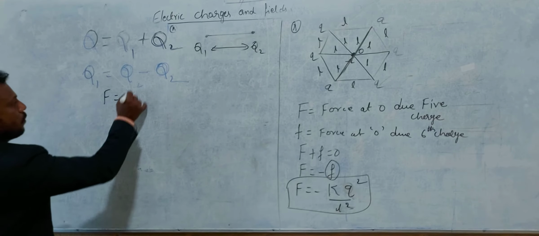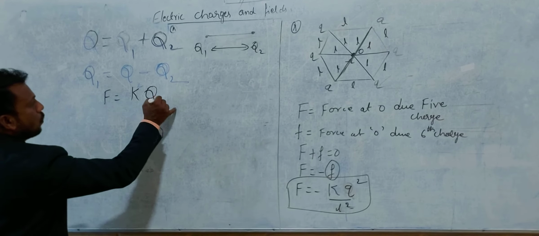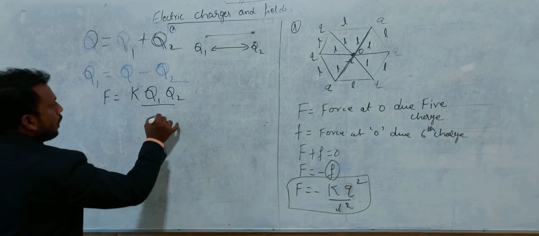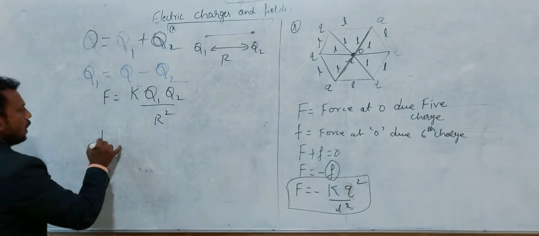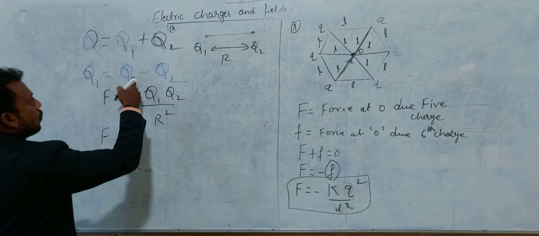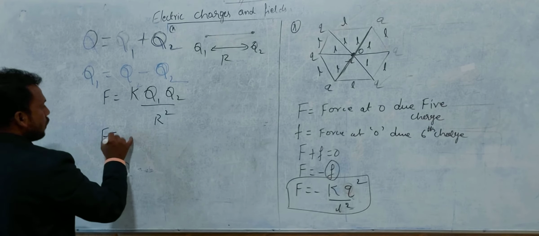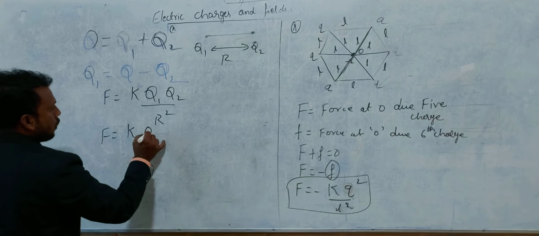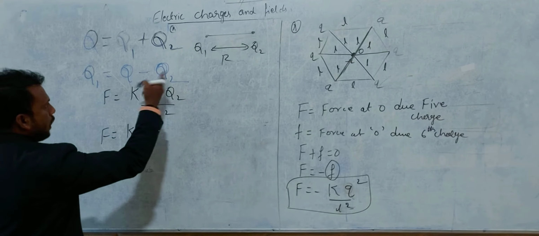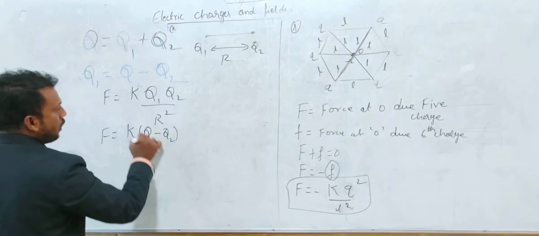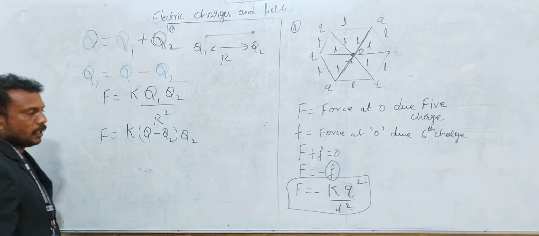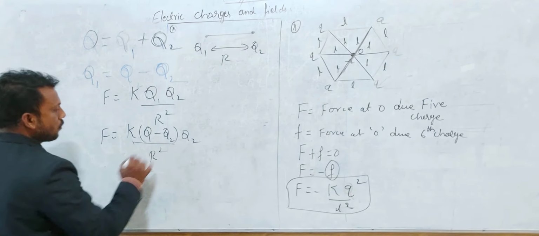F is equal to K Q1 Q2 divided by R square. Separation is R. Therefore, instead of Q1 we can write Q minus Q2. F is equal to K into Q minus Q2 into Q2 divided by R square.